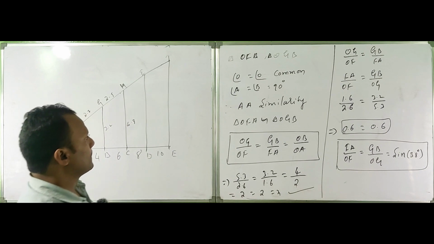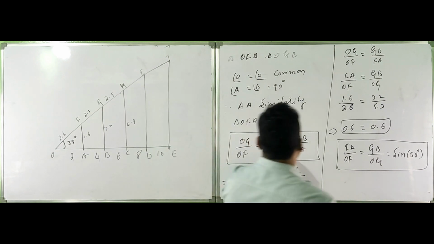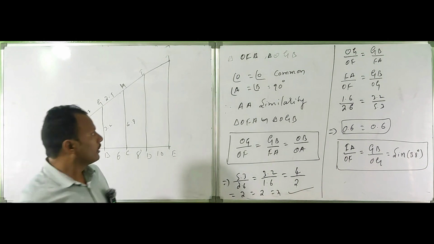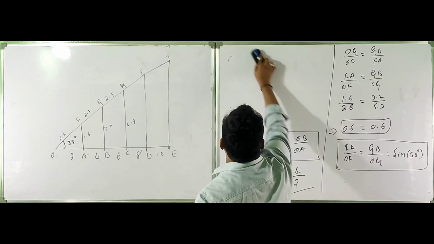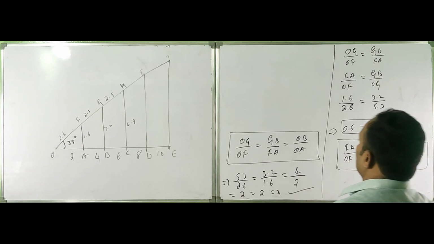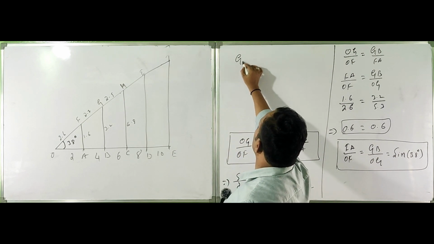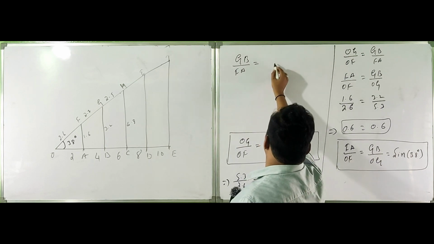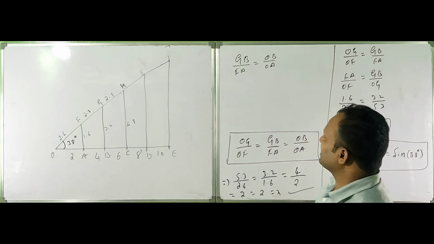Similarly, for this angle, take GB by OB. I am erasing this one. For this one, GB by FA is equal to OB by OA. This ratio, just do the cross multiplication.